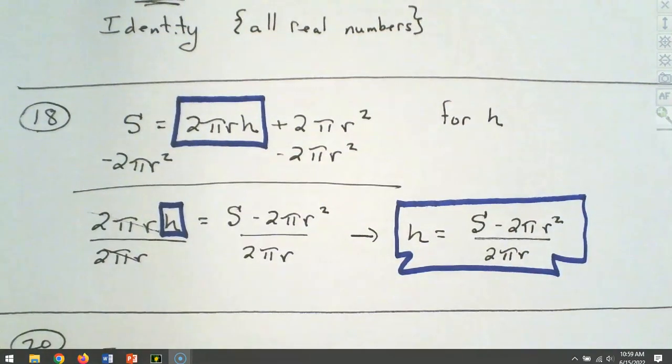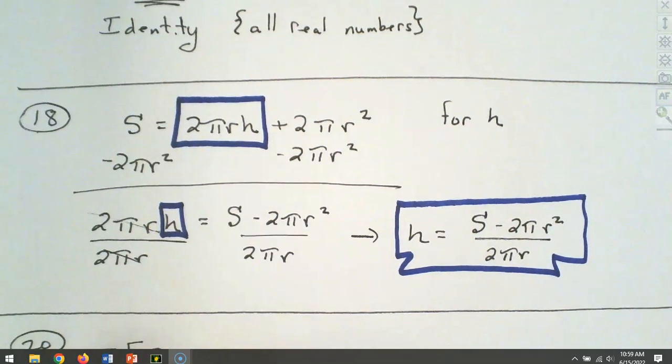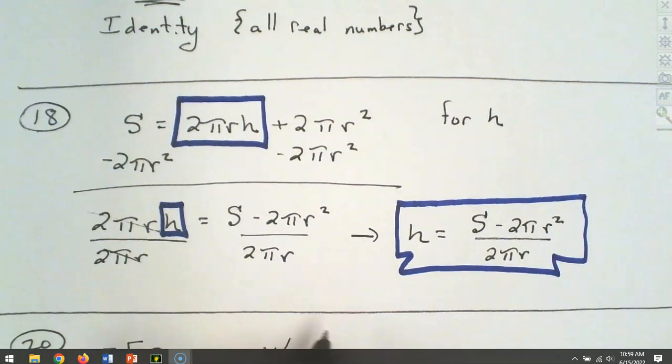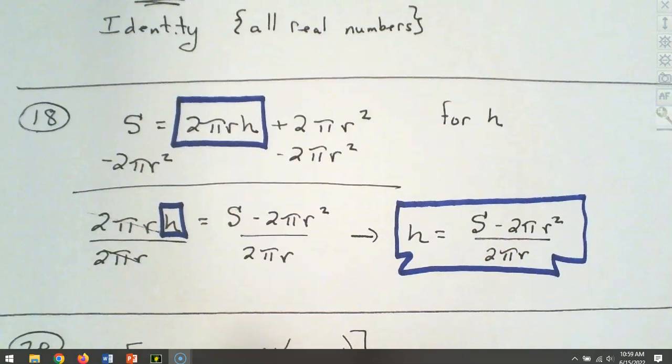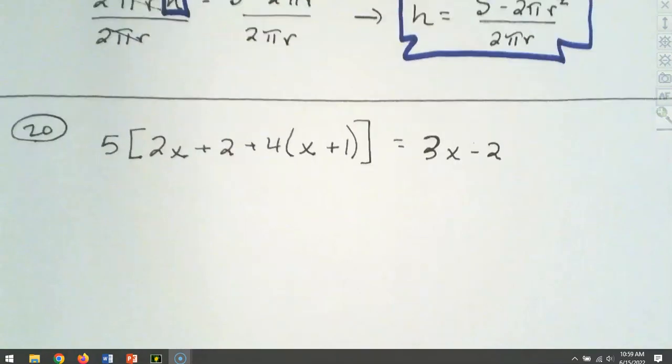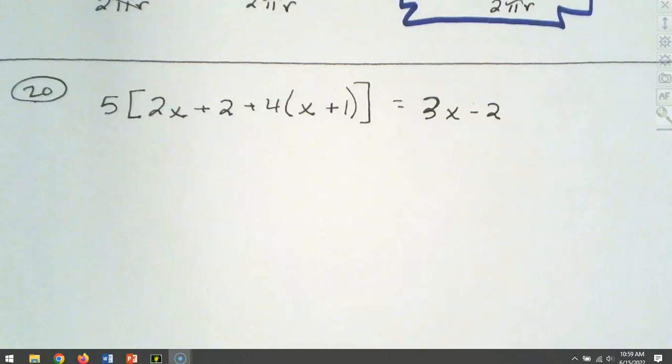I'm picking question 20 because of the square brackets and also the parentheses. So we use square brackets when we have multiple sets of parentheses. Now let's remember how I'd handle this question.